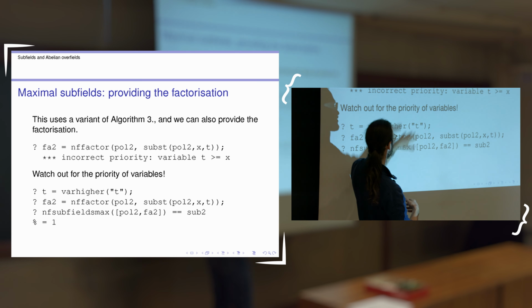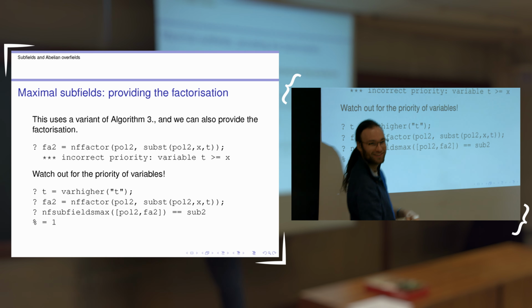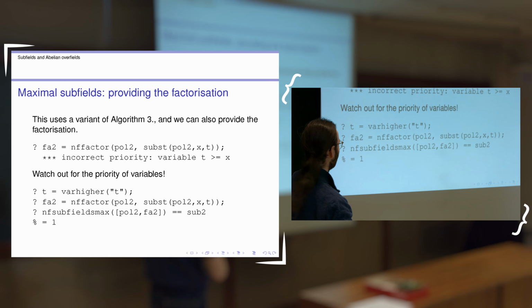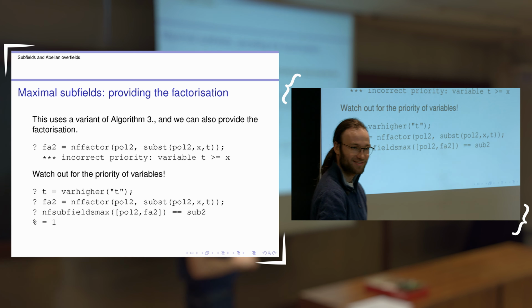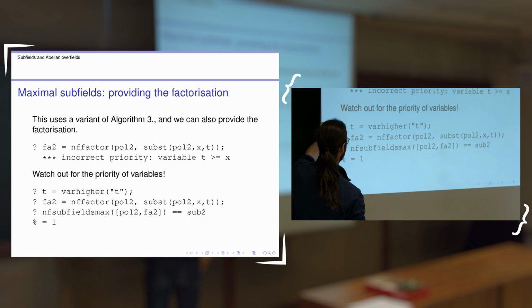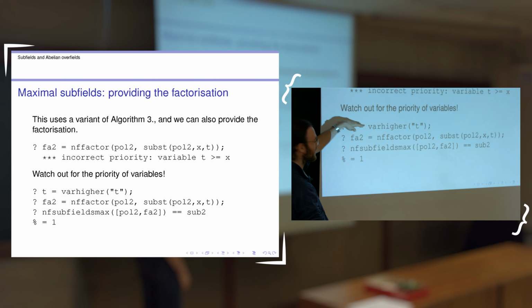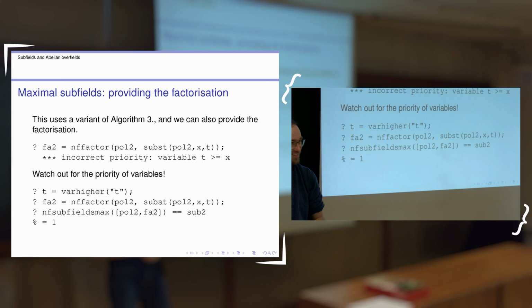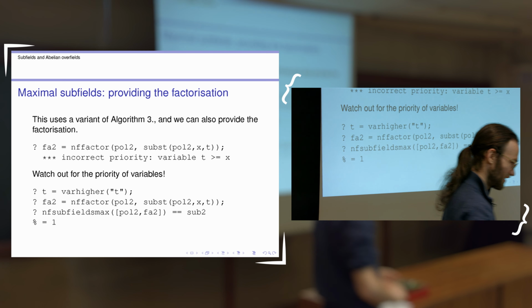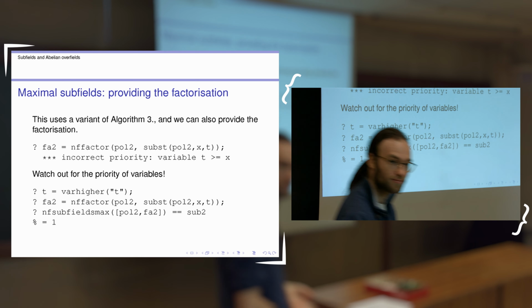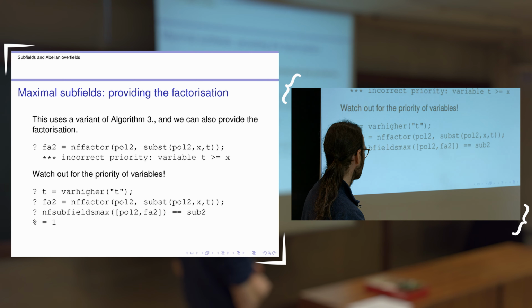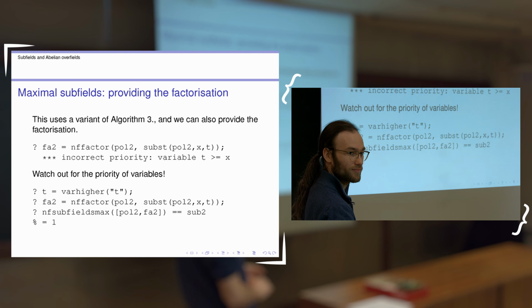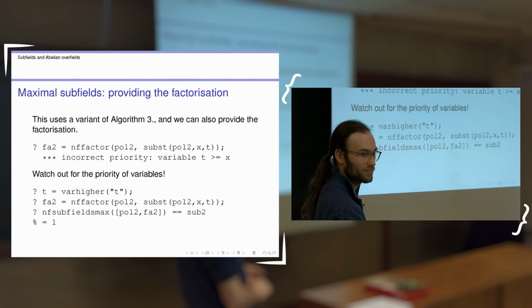If it doesn't work, you just do a var higher of the other one. Var higher is the command to remember. The important function of this slide is var higher. If you mess up priorities, just use var higher and then try again. What it does is generate a variable which has the maximal priority, higher than anything in existence. So maybe the next step it will not be suitable, but then you can do it again.